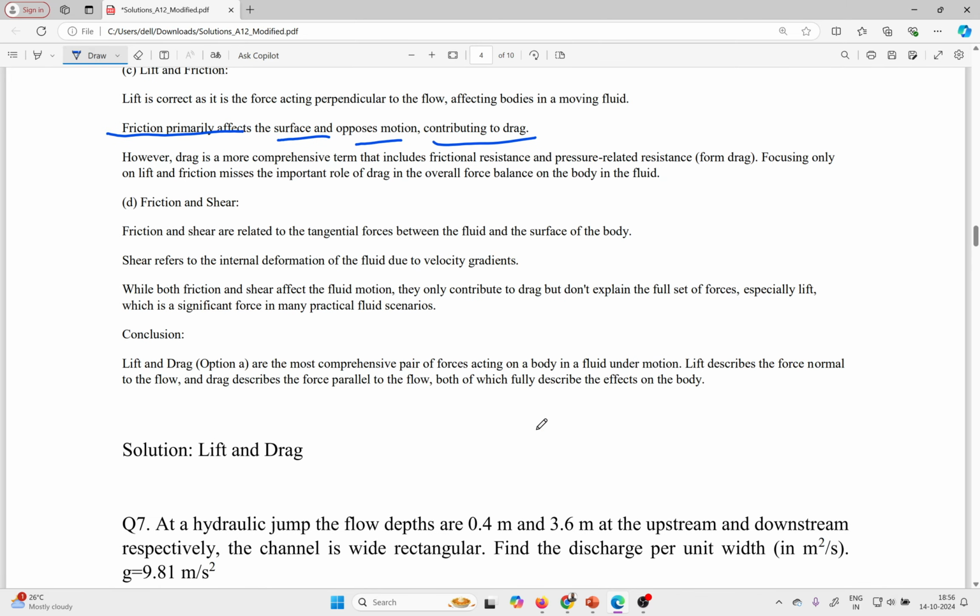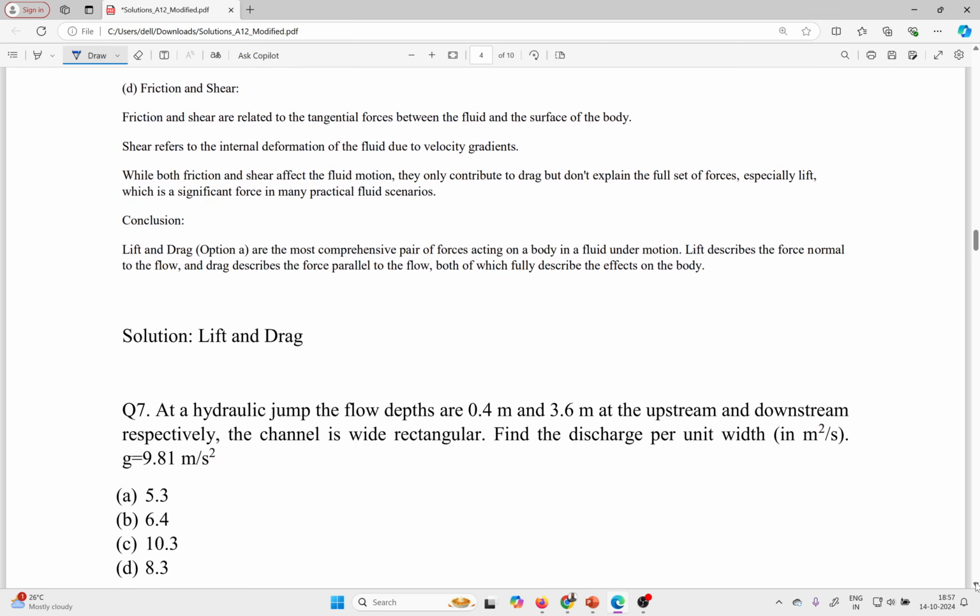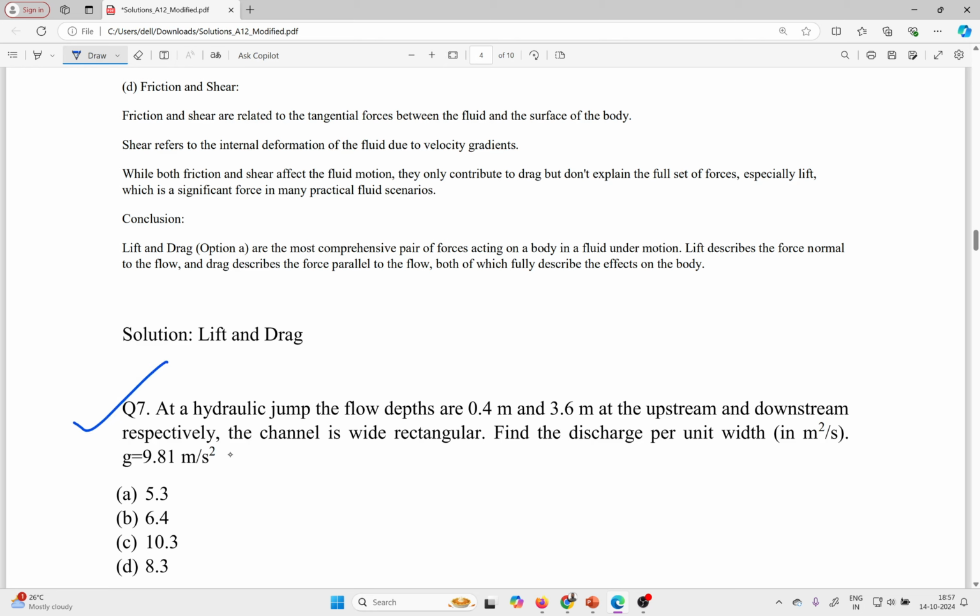Now the next question is again numerical. Question number 7. At a hydraulic jump, the flow depths are 0.4 and 3.6 meter at the upstream and downstream respectively.